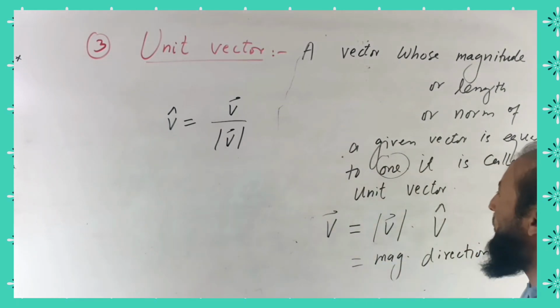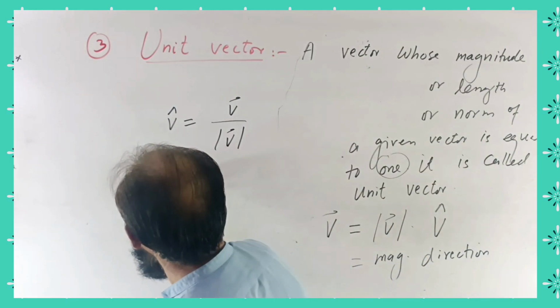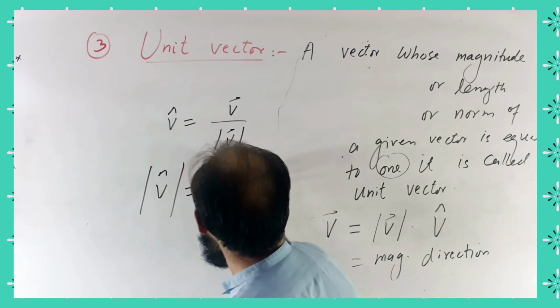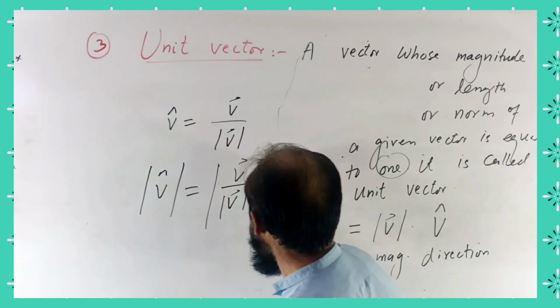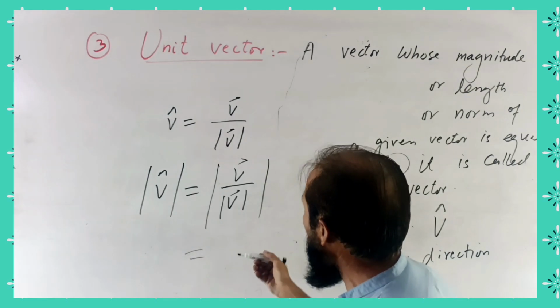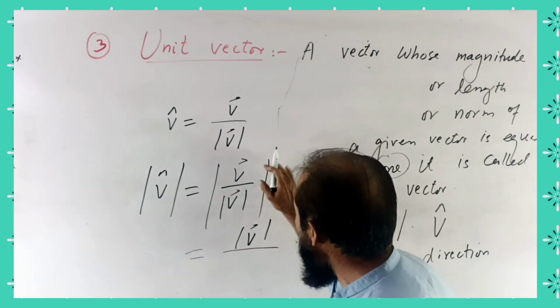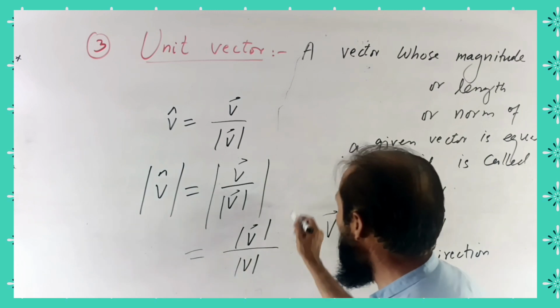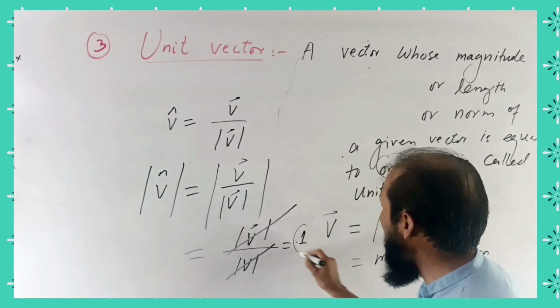If we take the magnitude of that vector, it will be equal to the magnitude of V divided by the magnitude of V. Both are cancelled, so the result will be equal to 1.